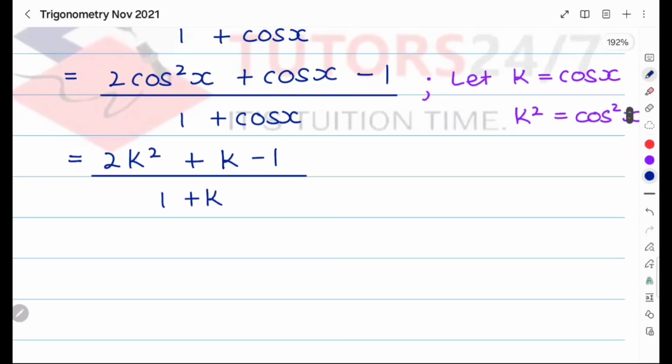So factors of 2k squared, that is going to be 2k and k. Then factors of negative 1, let's make it negative 1 and positive 1. Now we need to see which is going to give us positive k. You can see that the middle term is positive, so I'm going to multiply positive with the bigger number. So here, I'm going to put plus 1 at the bottom, minus 1 on top.